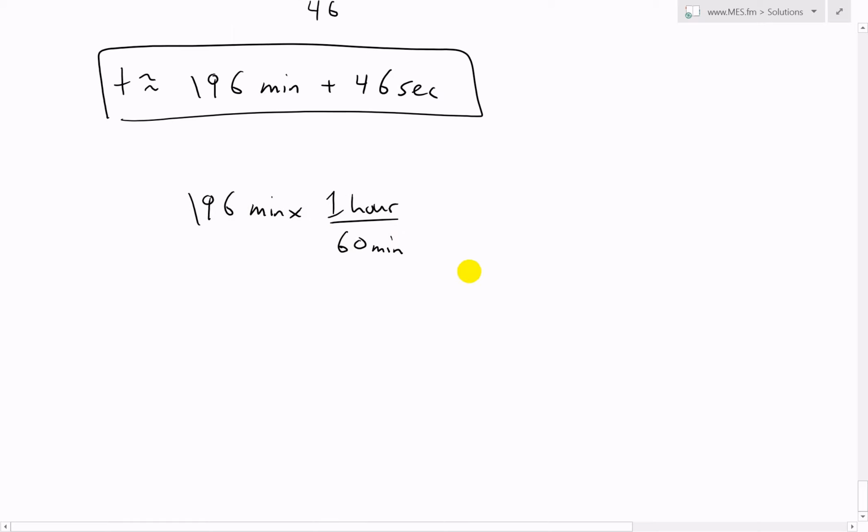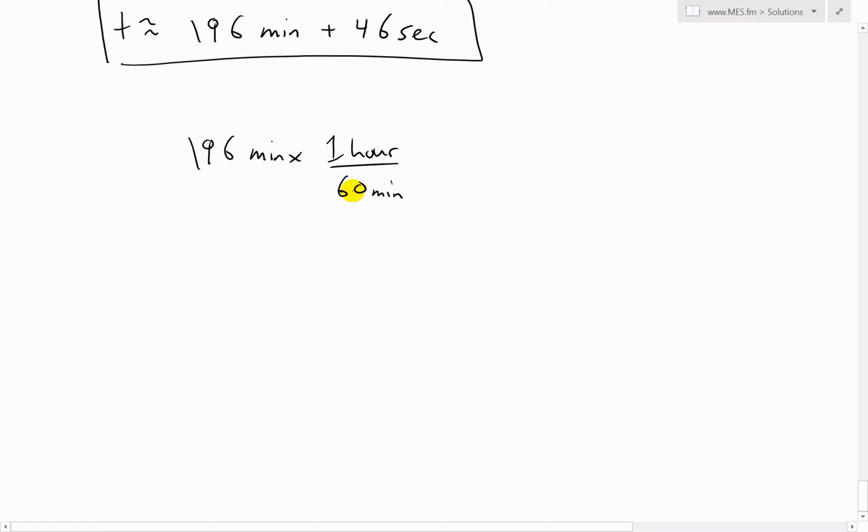You could easily see that 6 goes into 19, well, 3 times. 3 times 60 is 180. So we have 180 plus, and the difference between 180 and 196 is just 16. So 180 over 60, and this is all in units of hours because the minutes cancel.